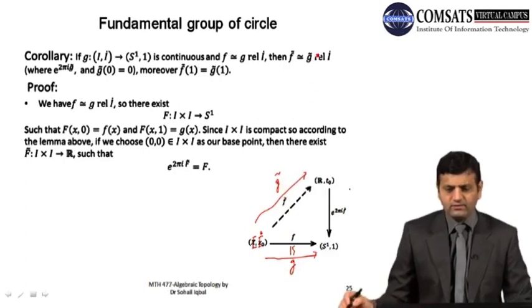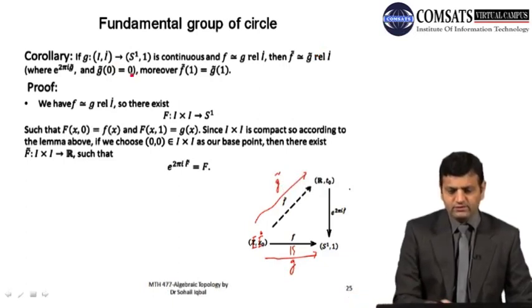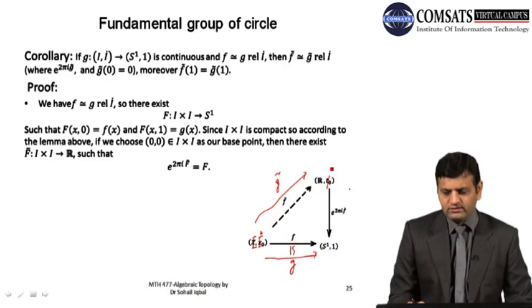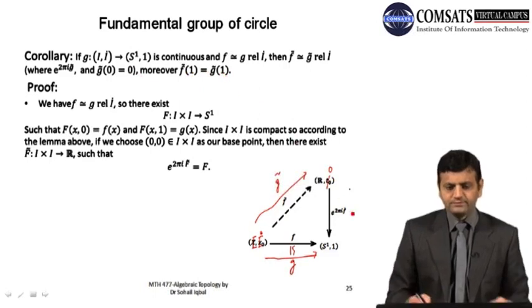Of course relative homotopic, where g tilde of 0 is equal to 0, since we have taken t0 to be 0, and f tilde of 1 is equal to g tilde of 1.